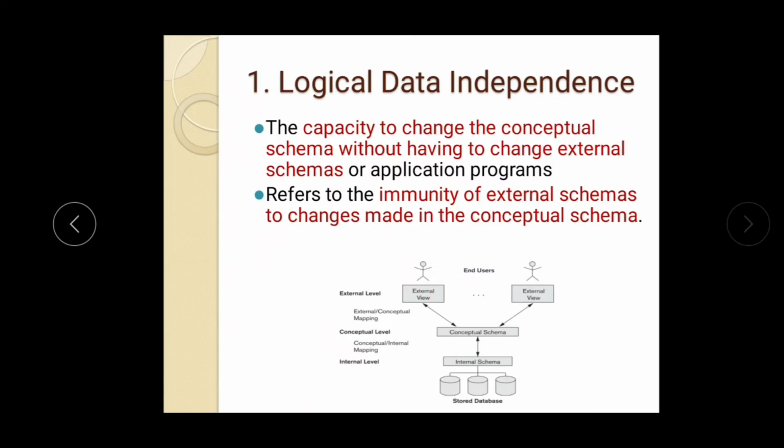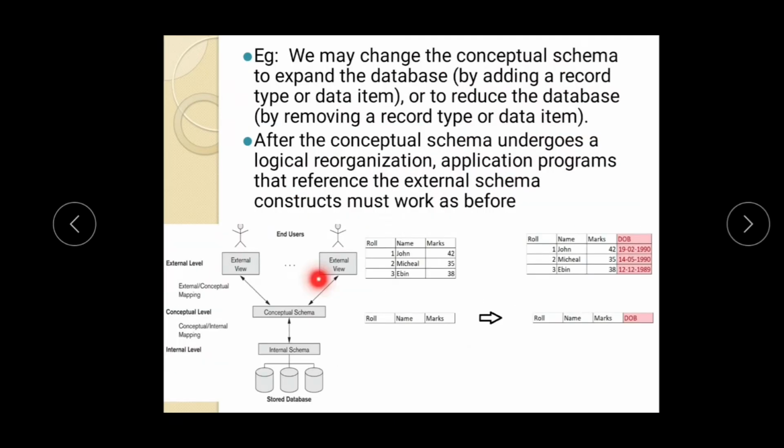So let us see an example. Originally we had a schema where we had a table, a relation called student. In that we have 3 attributes: roll number, name, marks.